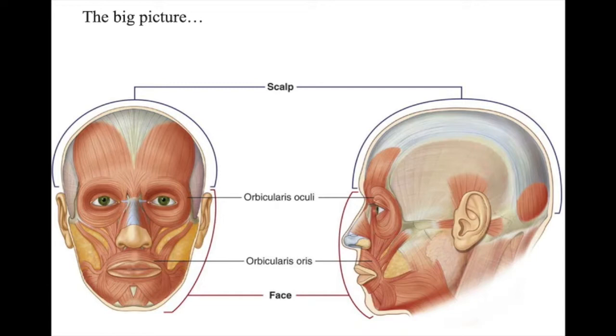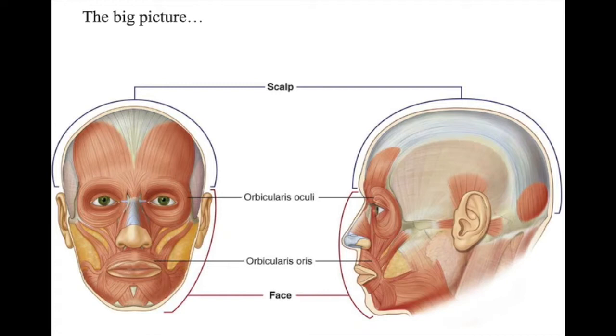The second aspect is to try to go through these muscles from a big picture into then a smaller picture. So this is absolutely important that you know the muscles that are represented here. You have the scalp, which is that white portion, and the muscles that cover the cranium, if you will.